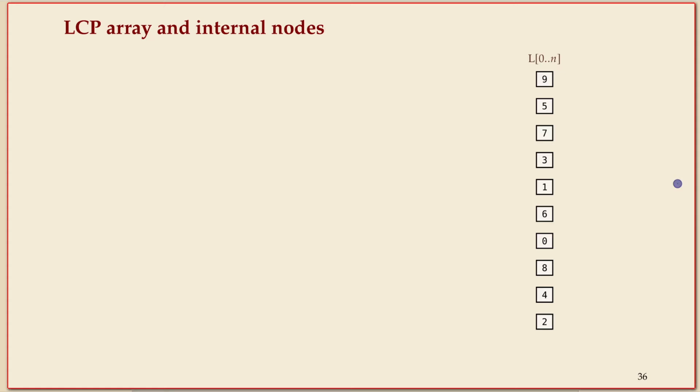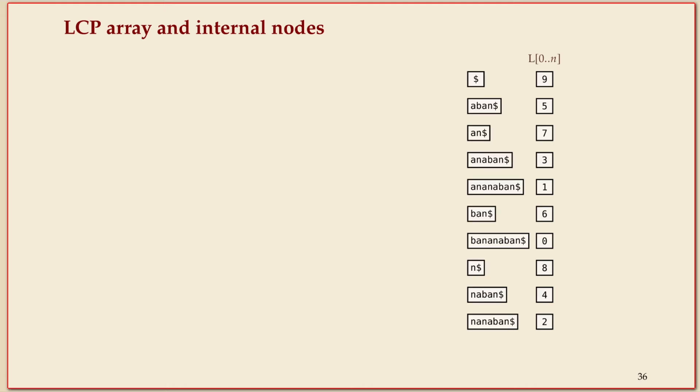There's more. So I motivated it from this longest repeated substring. But indeed, a lot more about the suffix tree is encoded by suffix array plus LCP. And again, mostly on an example, but I think that makes it clear. Here's the suffix array.